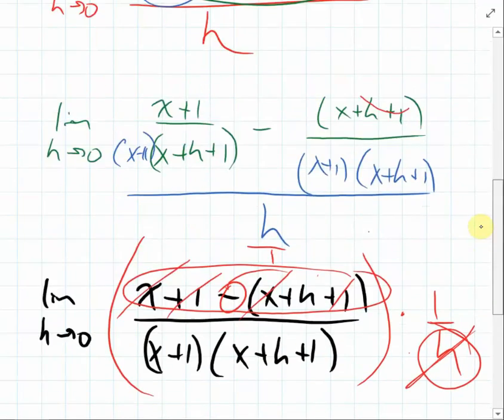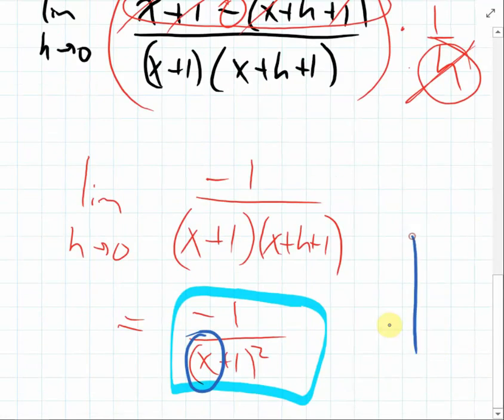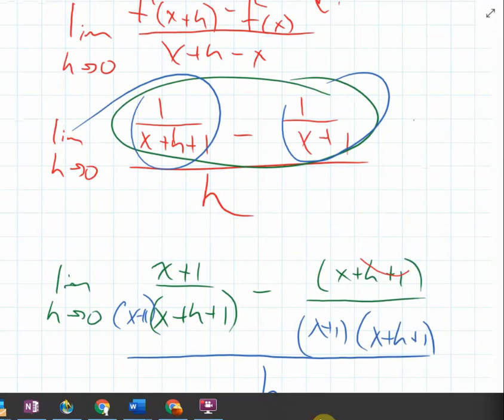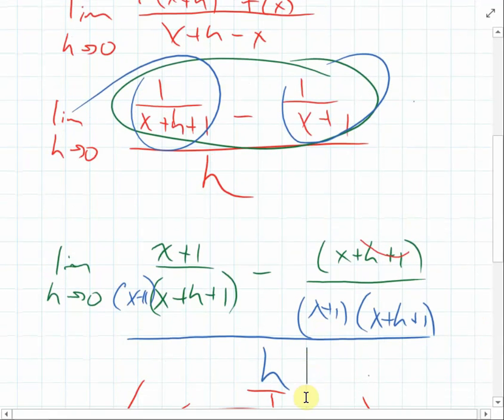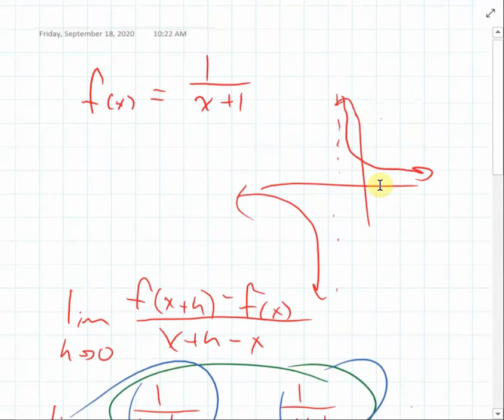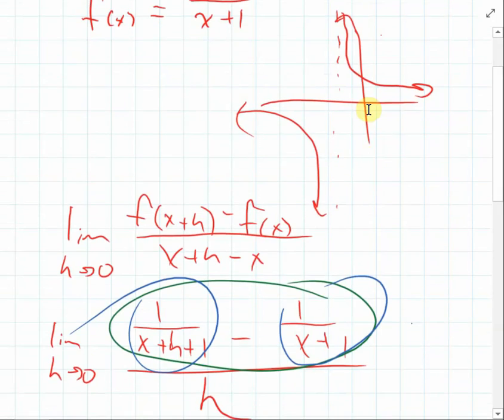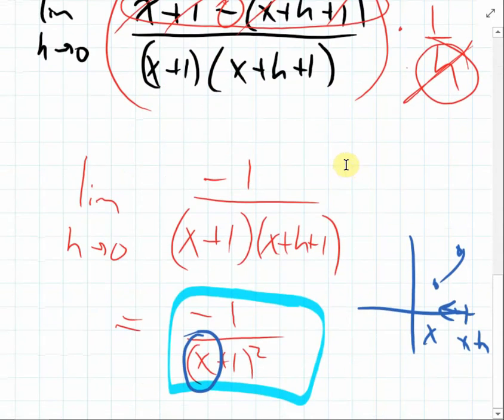How do I know it's at whatever x is? Because remember, we would have 2 points on some graph. If that's x and that's x plus h, if h goes to 0, then that is squeezing down and these points would be moving together. So if I go back here to my really rough sketch, and say find the slope of this graph when x equals 0, when x is 0, this answer is minus 1.